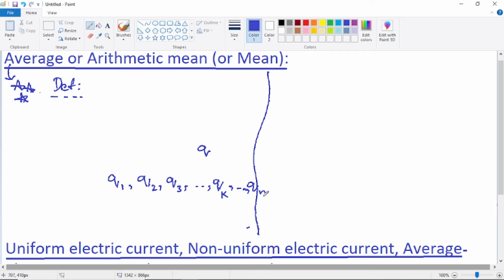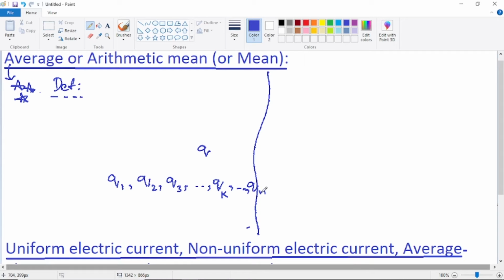The reason is very simple: it deals with a large number of values of a particular quantity, for example the physics marks of students in a particular class. The number of students can be 60, 70, 80, 90, 100. So the average of all these values of the marks, or of all these different values of the quantity Q, is defined in such a way that we need not see all the values separately. It takes a long time to see all the n different values.